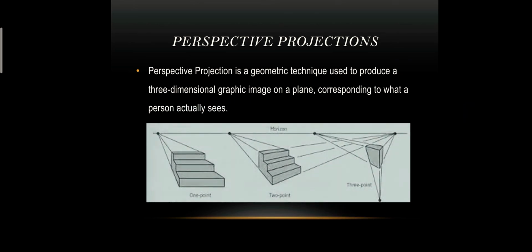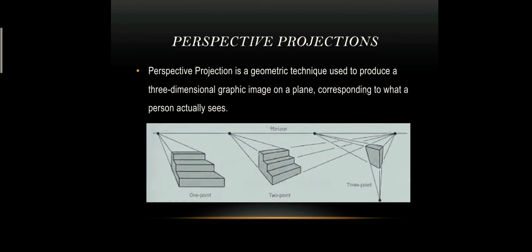Perspective projections are of three types: one point perspective, two point perspective, and three point perspective. In one point perspective, all the length, width, and height lines of the object meet at a point, and in two point perspective all the dimension lines, like length, width, and height of the object, meet at 2 points.